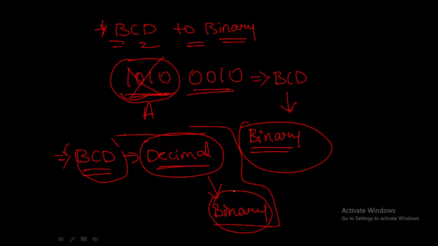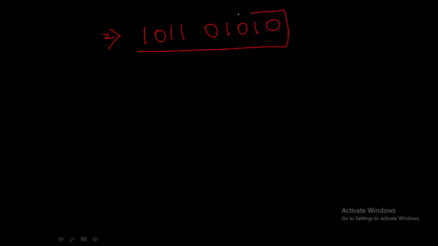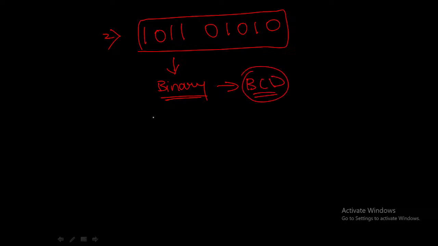Okay. Now, let's say we have a binary number 1 0 1 1 0 1 0 1 0. This is a binary representation we have been given. So how to convert it into BCD? The first step is to convert this binary number into a decimal number.